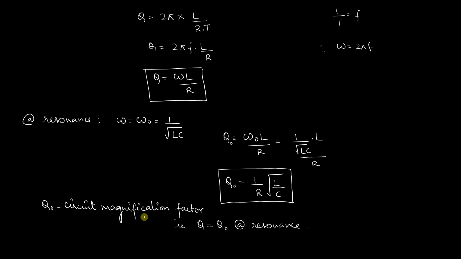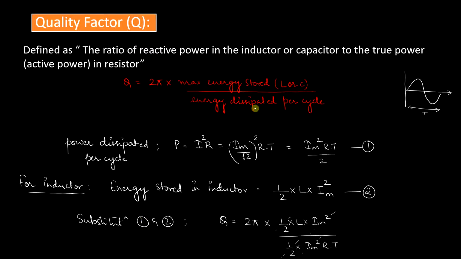Yes. Okay. So this is for the case of an inductor. Let us move on to the second part of it. We have only derived for an inductor, we need to derive for the capacitor.